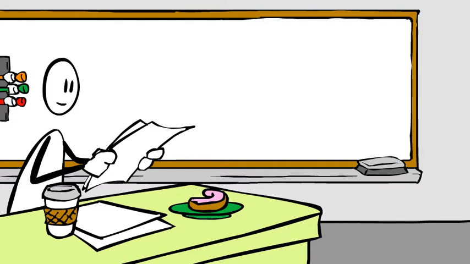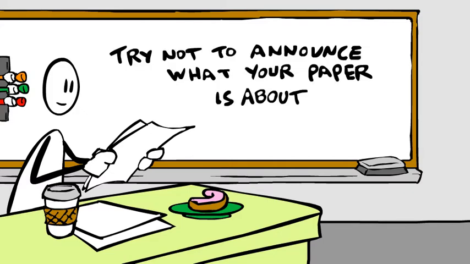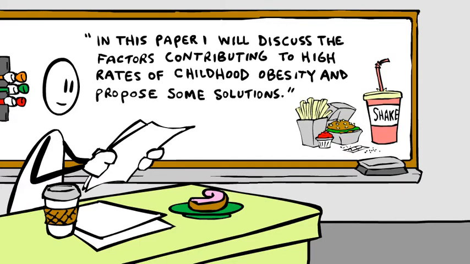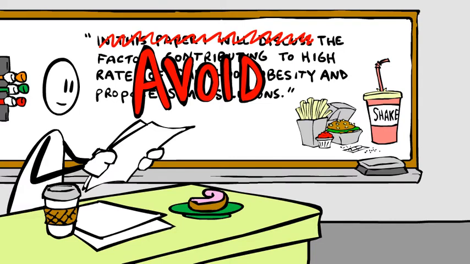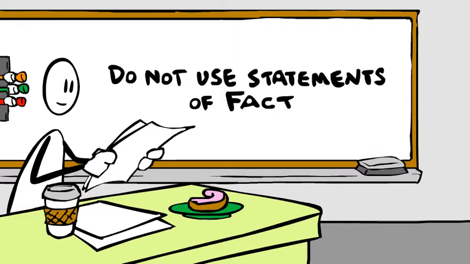There are some things you should avoid when crafting your thesis statement. Try not to announce what your paper is about or what you plan to prove. Avoid using the first person altogether in college writing. Also, do not use statements of fact.